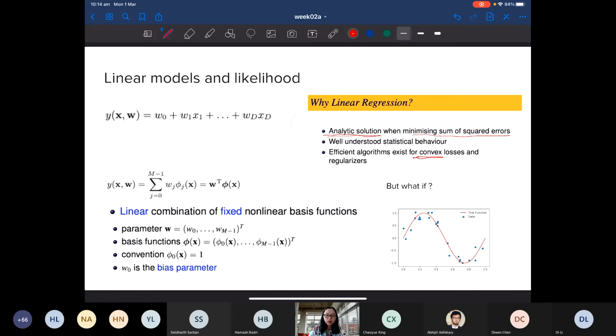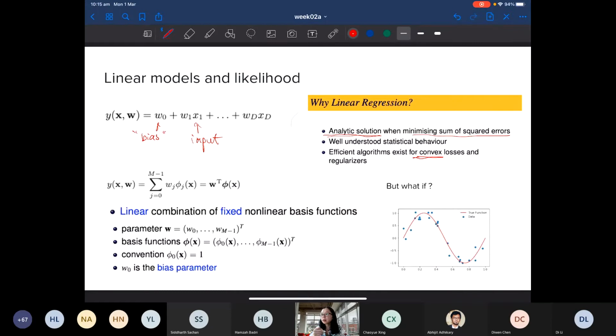So what does it mean, right? Linear models, for vanilla linear regression, we think of input features as x1 through xd, and then the output y, parameterized by w, is a simple linear combination of them. And w0 is called the bias term.